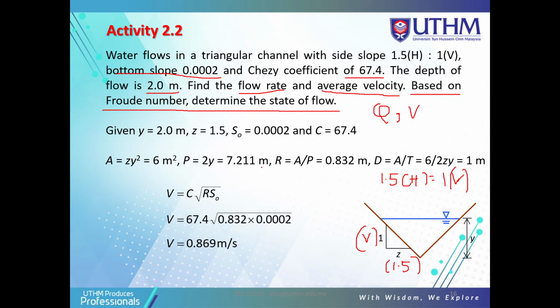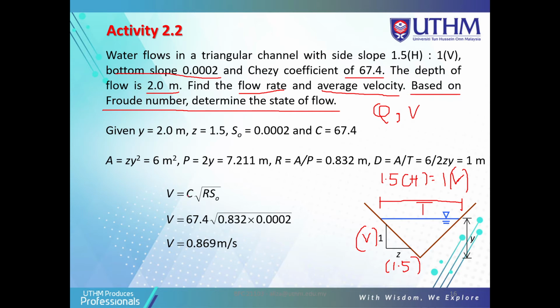So you get 7.211 meter. Okay, so R is A over P, you get 0.832, and D is A over T, because T is this top width. So you know the T, and using the equation D is equal to A over T, we get 1 meter here.